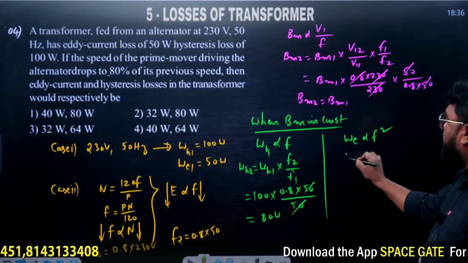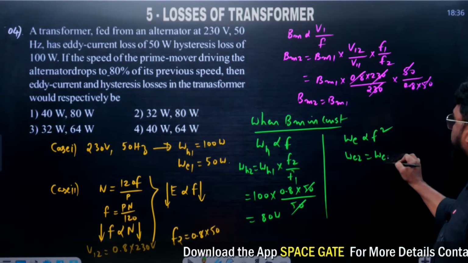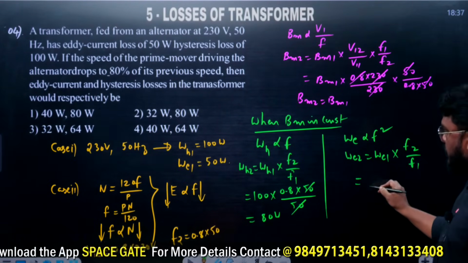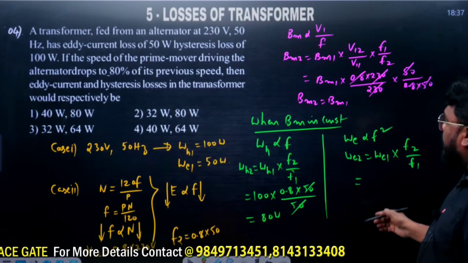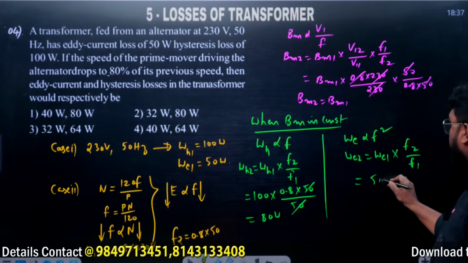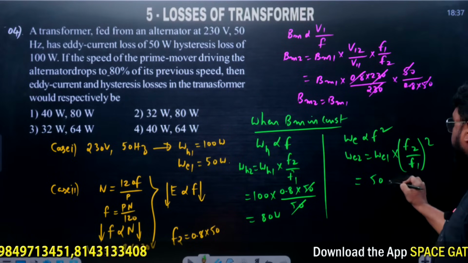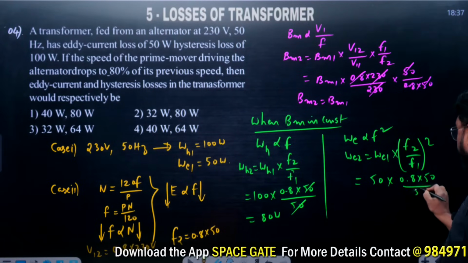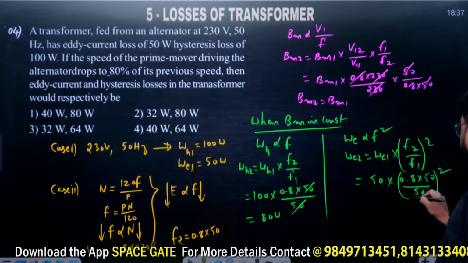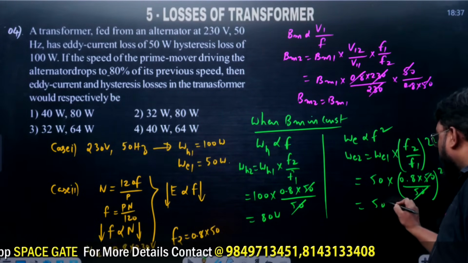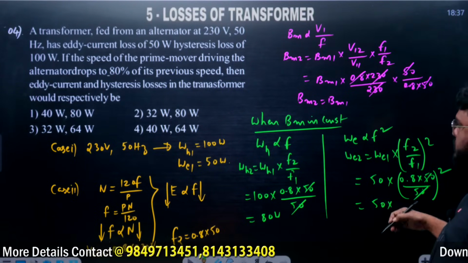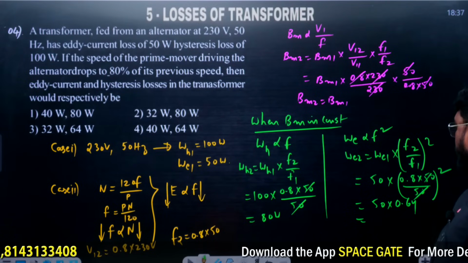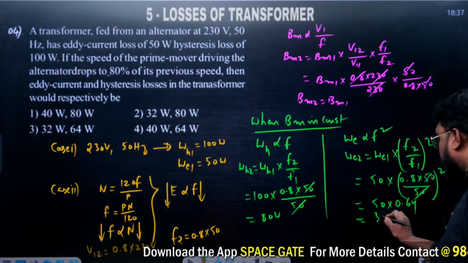And WE2 is equal to WE1 multiplied by (F2 by F1) whole square. WE1, the eddy current loss, is 50. So 50 into (0.8 times 50 divided by 50) whole square; 50 is cancelled, 50 into 0.8 square, that is 0.64.